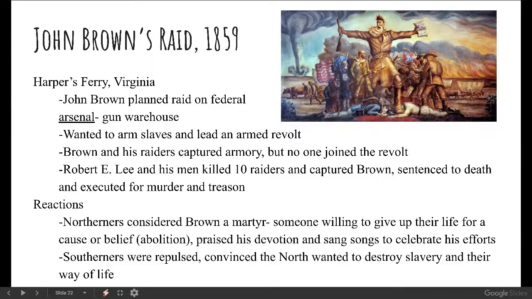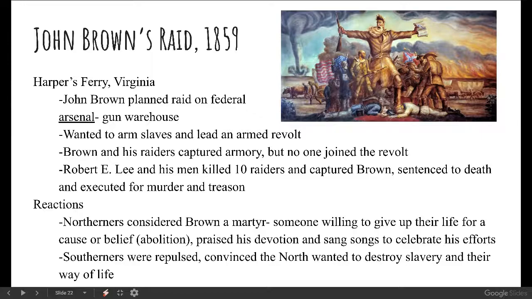Northerners consider Brown to be a martyr. A martyr is someone who's willing to give up their life for a particular cause or belief, in this case, abolition. And they praised his devotion to the cause, sang songs to celebrate his efforts, basically saw him as a pretty positive figure, even though he was violent. Southerners, on the other hand, are repulsed. They feel like the North is crazy.